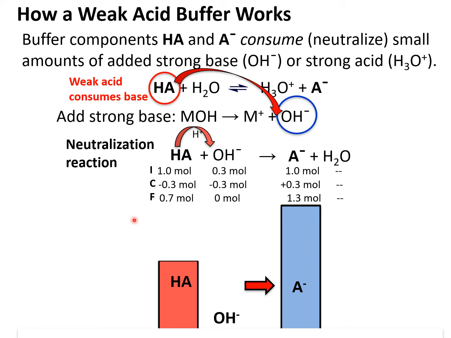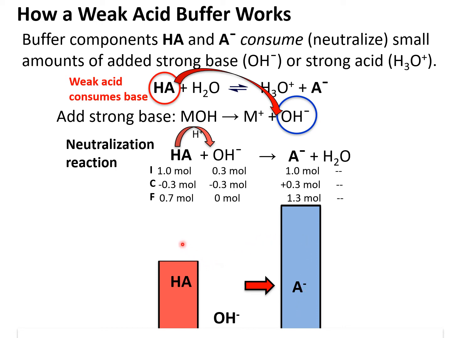And adding these up, we see that the final amount of our weak acid is 0.7 moles. We've consumed all of the hydroxide, so the buffer has consumed all of the hydroxide that we added, and we're left with 1.3 moles of the conjugate base A minus. And as you see, the number of moles of our weak acid went down, whereas the number of moles of the conjugate base went up.